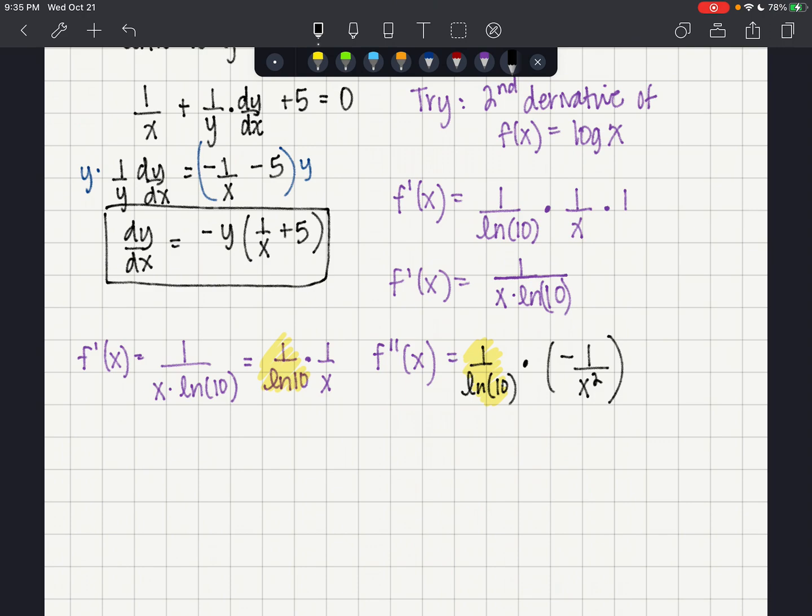Now that's not even our logarithms or our exponential derivative. So that second derivative is actually old stuff, right? So we're going to have negative 1 over x squared times the natural log of 10. That's our second derivative. And I'll box that.